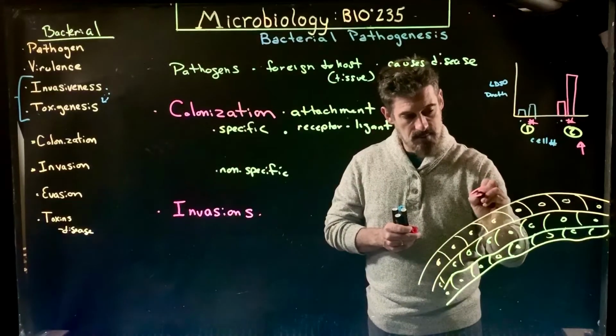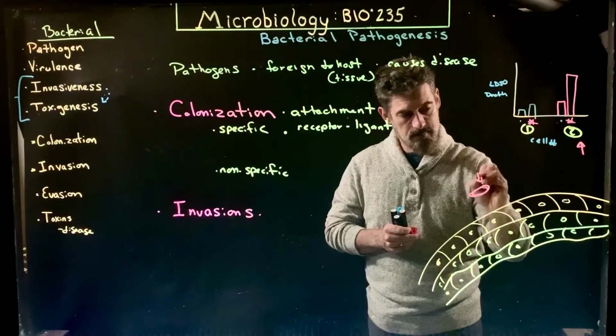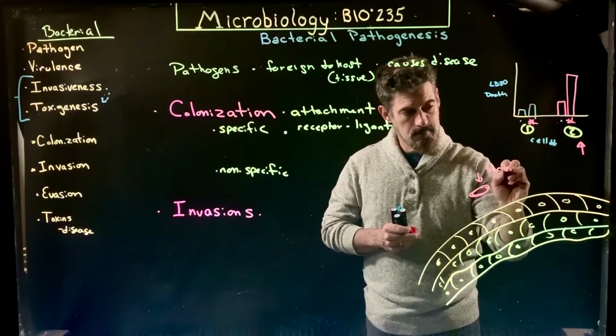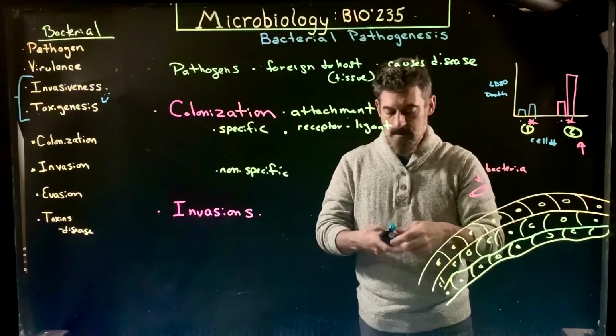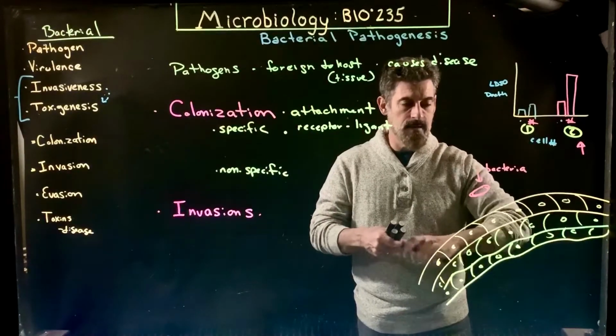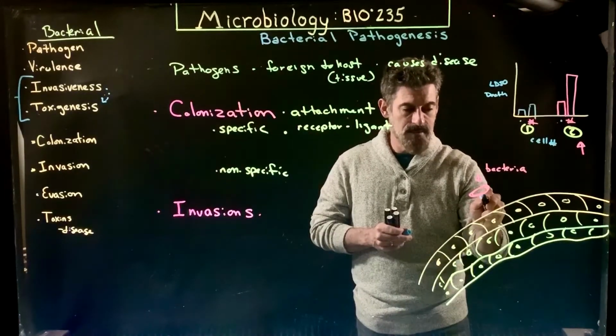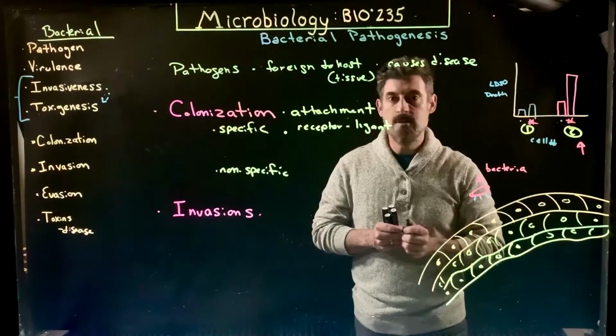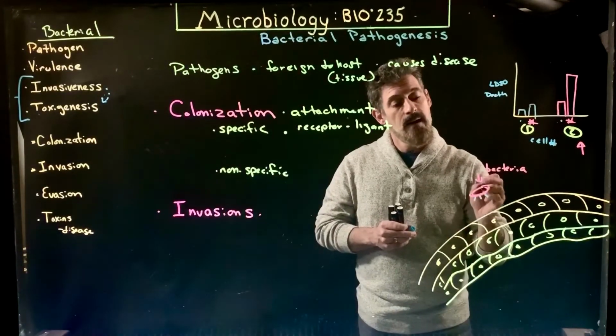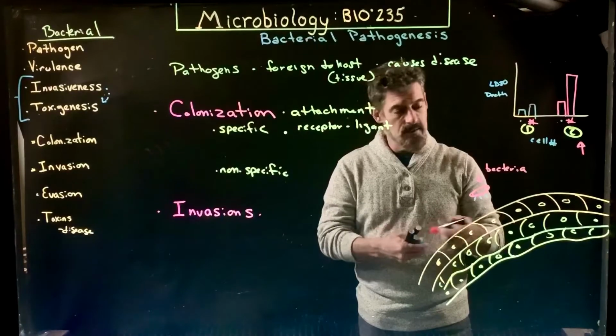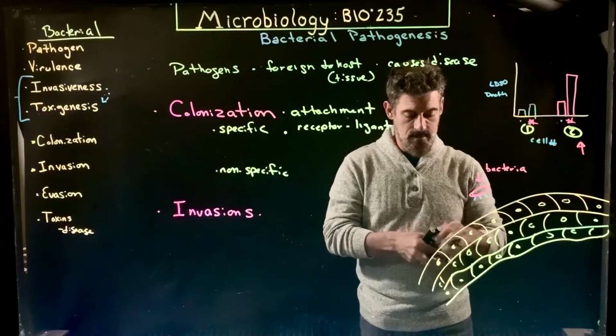So this is, say, our bacterial cell. And on the surface of this bacterial cell are going to be very specific chemical molecules, usually glycoproteins. And on these cells here, this is going to represent the host tissue.